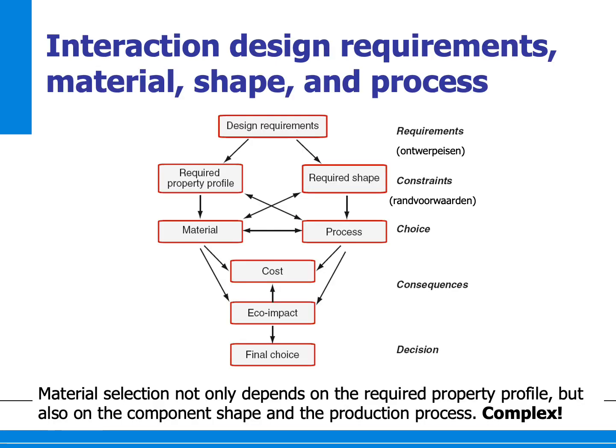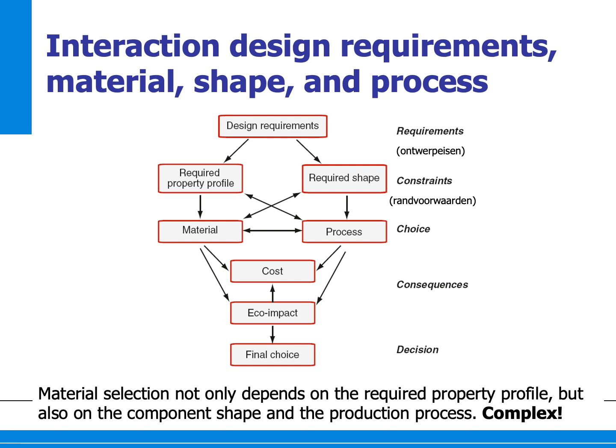Now let's have a look at the material selection process in more general terms. So we start with the design requirements, or in Dutch, the ontwerpeisen. From the design requirements we derive a required property profile and a required shape of the product or the material.